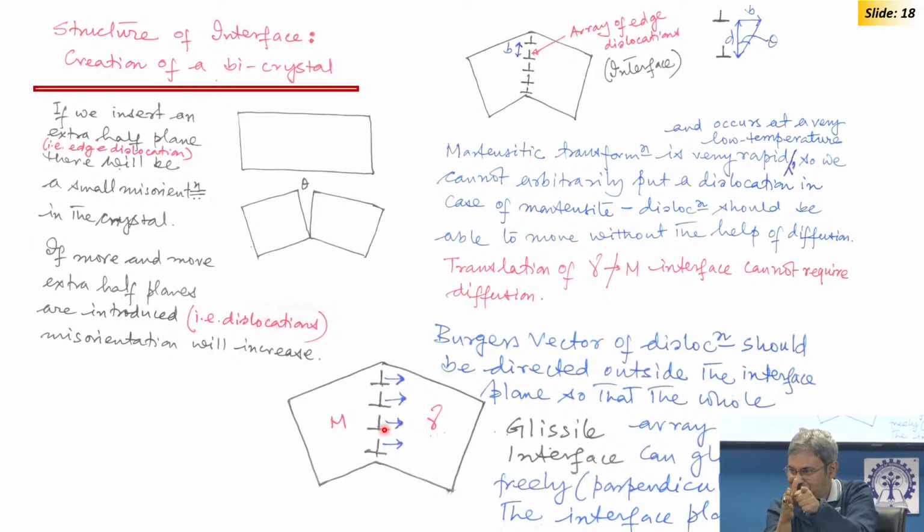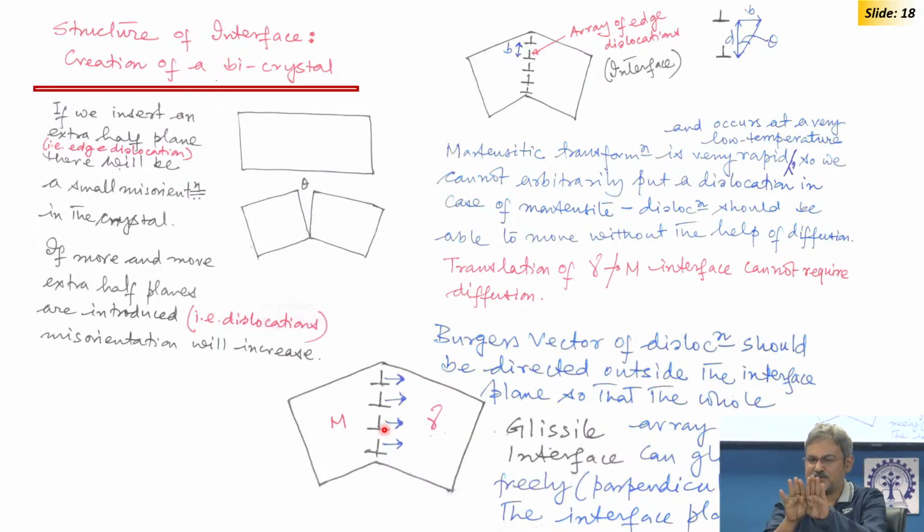The Burgers vector cannot lie on the interface plane; the dislocations have to move sidewise. So the Burgers vector is out of its plane and the interface dislocations have to be mobile. This mobility can come only when there is a single array of edge dislocations.